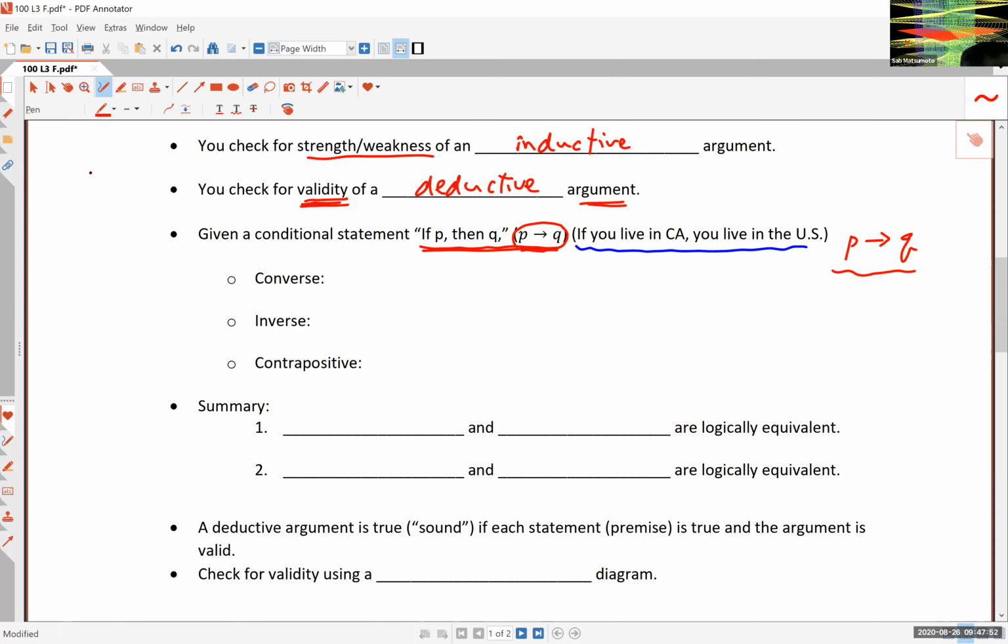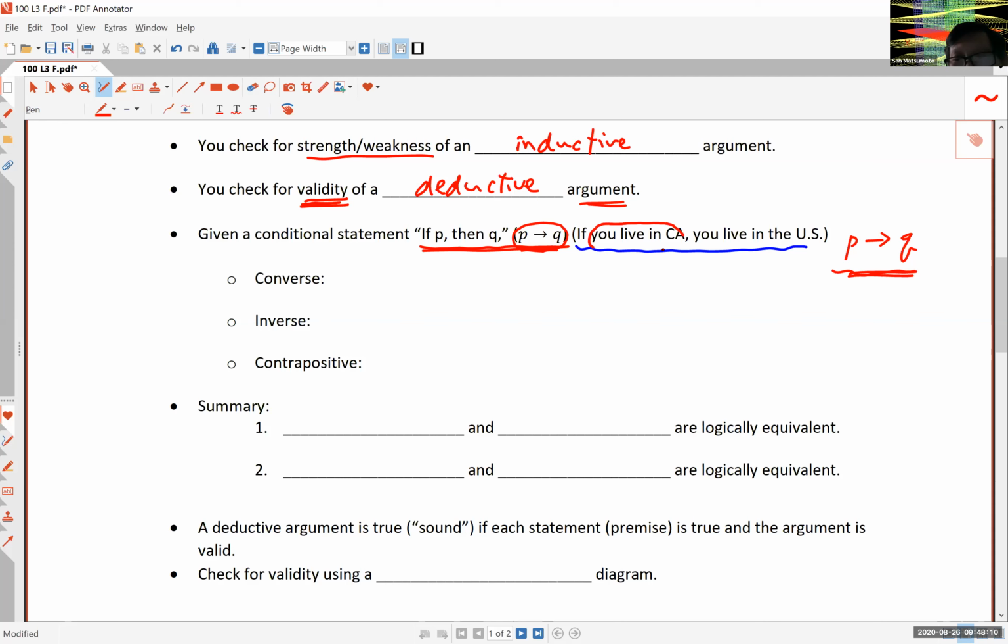Okay, so let's write down the three statements related to this. So the example statement of a conditional is if you live in California, then you live in the US.